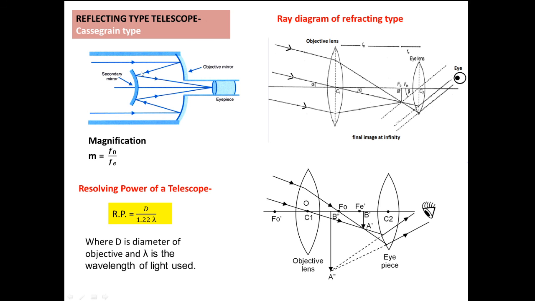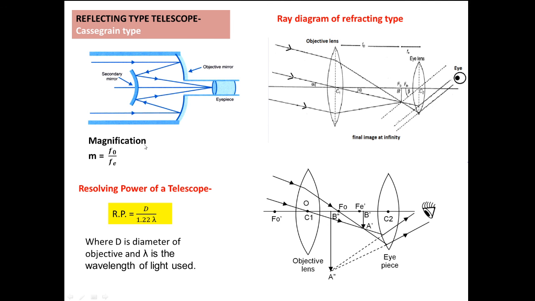Parallel light, due to this concave mirror, will converge at its focus, but here another mirror is used, that is the secondary mirror, which is convex and reflects the light, and this light is collected at the eye, the eyepiece.